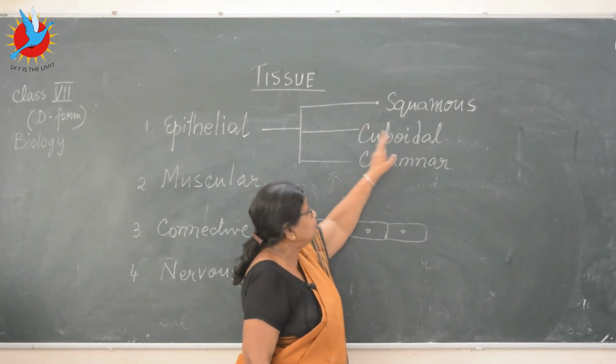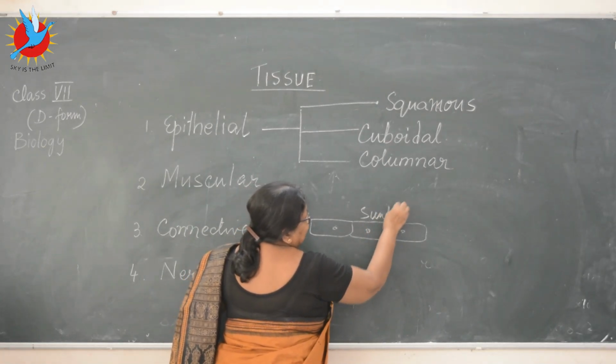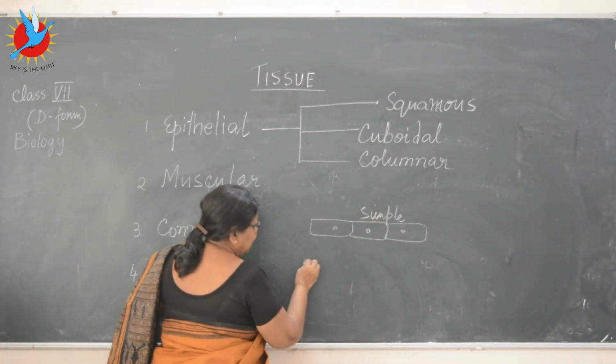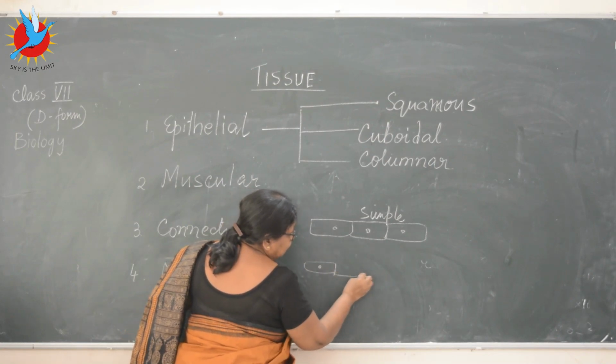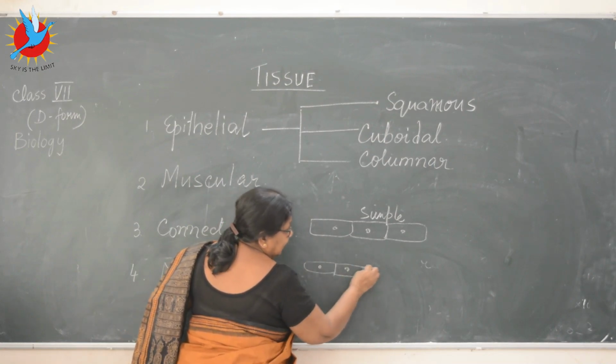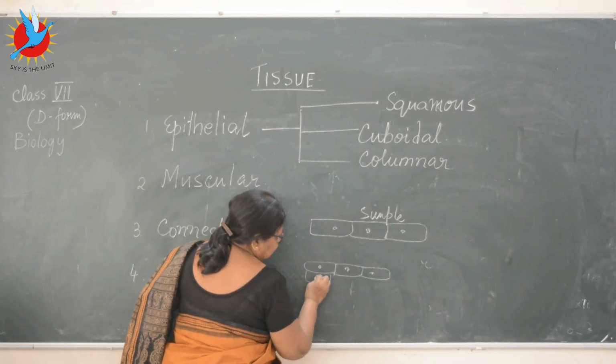Now the same squamous epithelium, this is called simple. But the same squamous epithelium, when it is in many layers in certain parts of the body, they are found not only single layered but many layered. Like this.